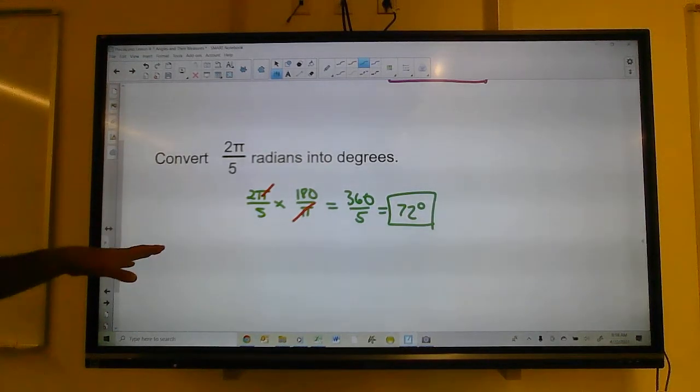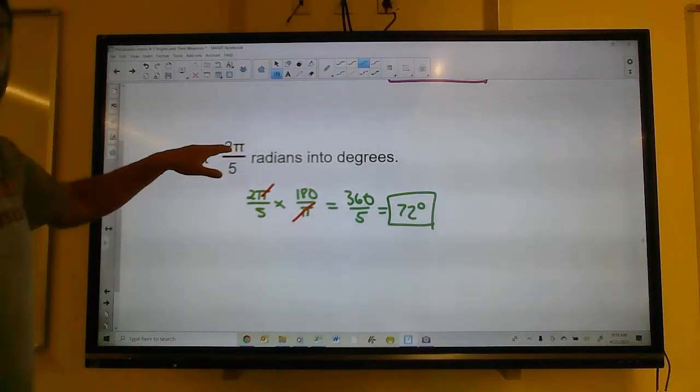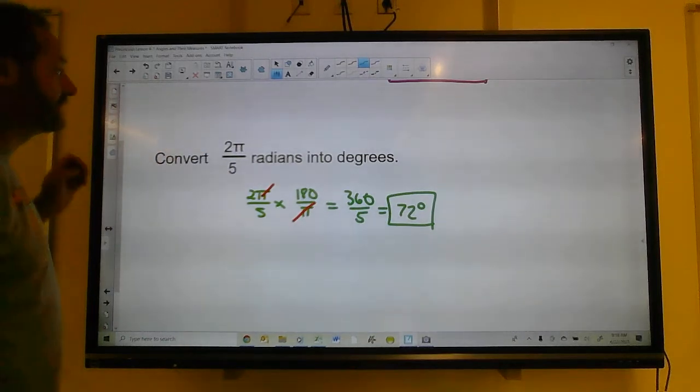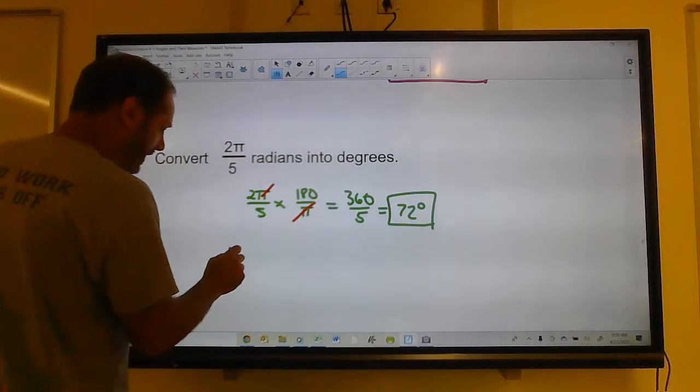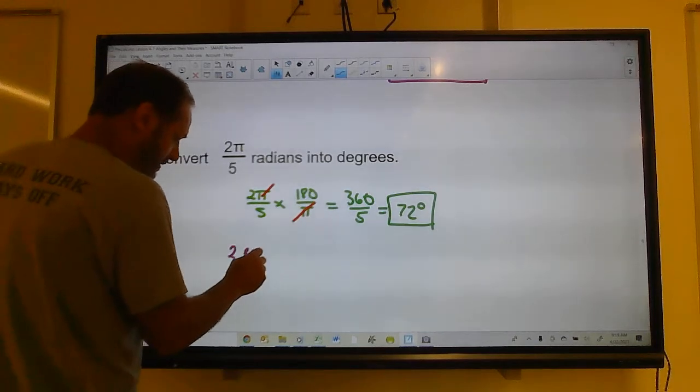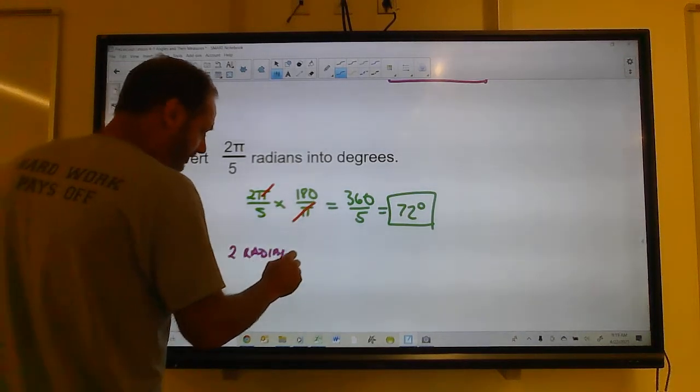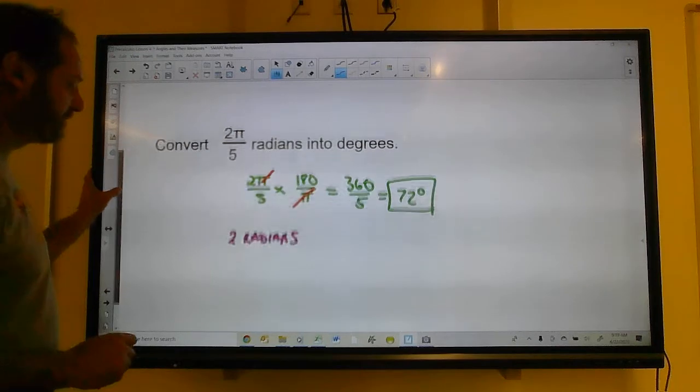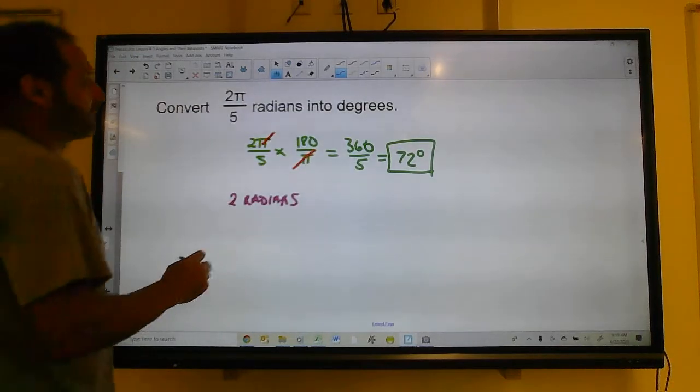Now, just because a number doesn't have a pi in it does not mean that it's not in radians. So I could have 2 radians, and I could convert that into degrees. I would do it the same way.